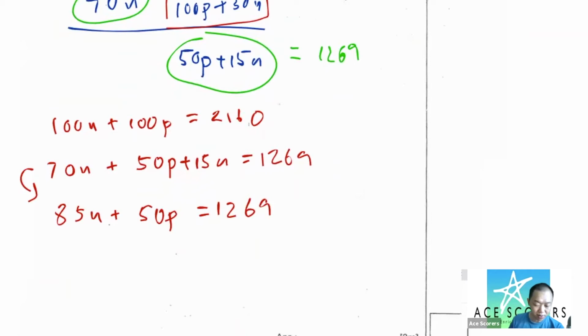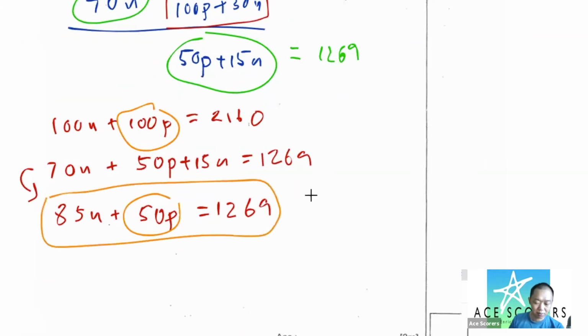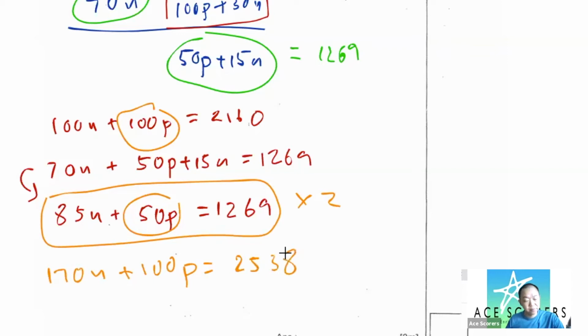Now, what you need to do is make the parts the same. So how to make parts the same? We take this whole thing times 2. So 85 becomes 170 U plus 100 parts equals, big calculation time, 2,538. Long calculation.